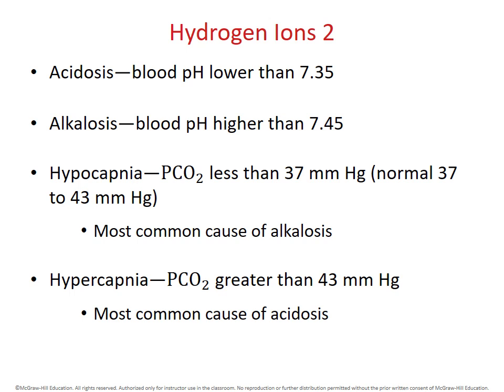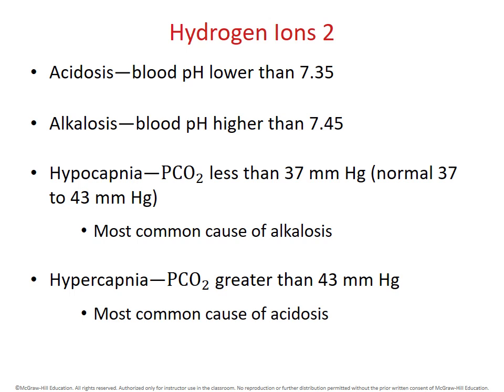Hypercapnia is carbon dioxide levels greater than 43. Again, this is assuming we're talking about oxygenated blood now, which is supposed to be, again, at about 40. So any oxygenated blood that has a PCO2 greater than 43, that's known as hypercapnia.